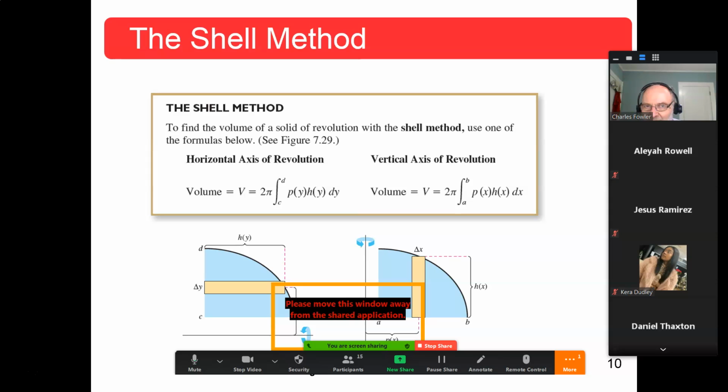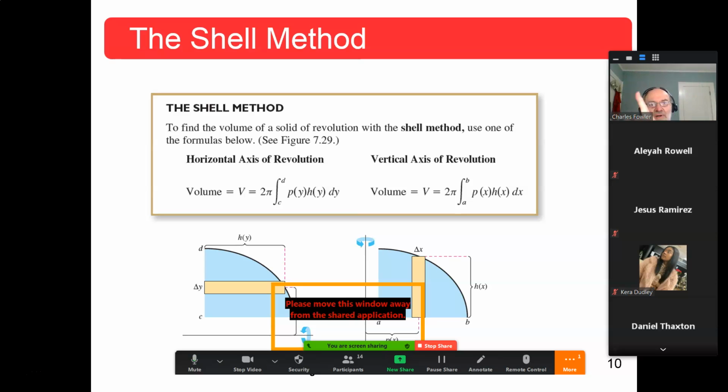Not perpendicular to the axis of revolution. Here, the axis of revolution is parallel to the x-axis. Okay, I said it backwards. The dy's going up this way are going along your axis that's perpendicular to the axis of revolution. I guess that's how I need to say it. Okay, we got too many axes in there.